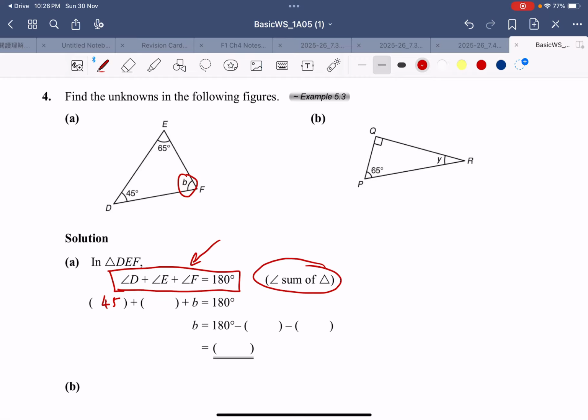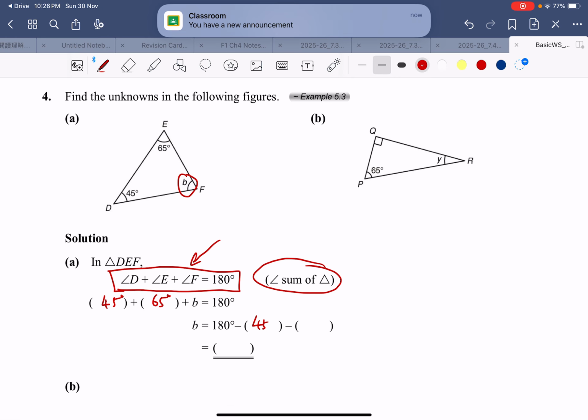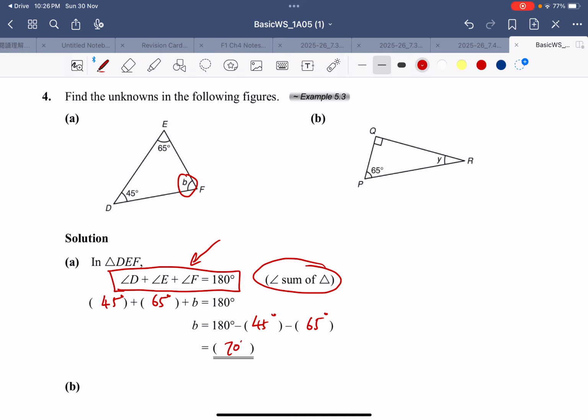D would be 45, E will be 65, and we have an unknown B, adding up to 180. So just solve this equation quickly, and the answer should be 70 degrees. Every time you use this relationship, you need to write the reason.